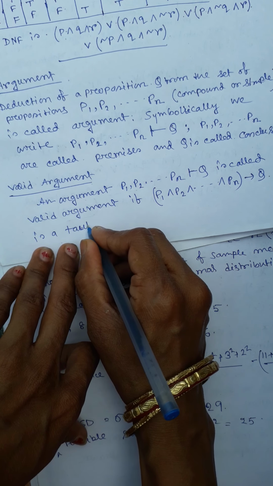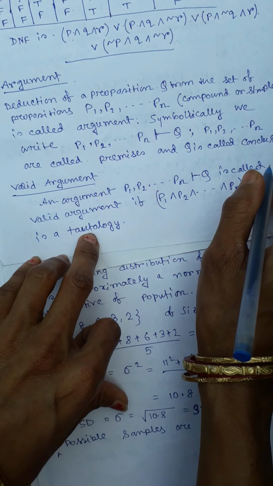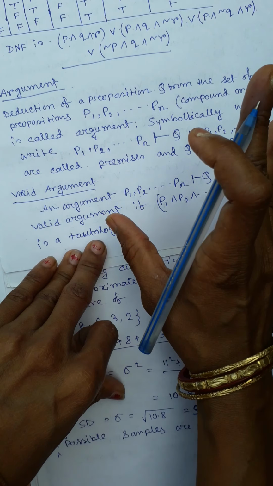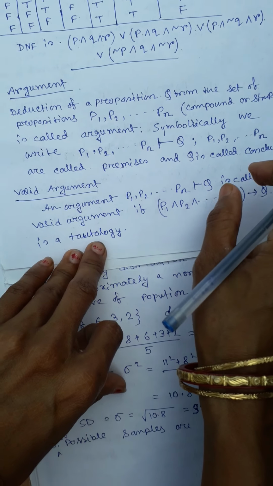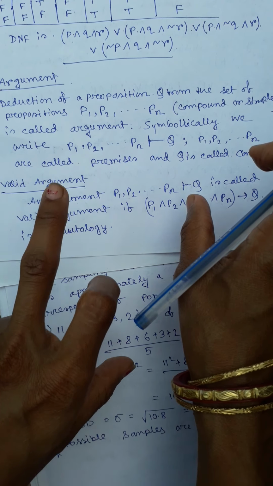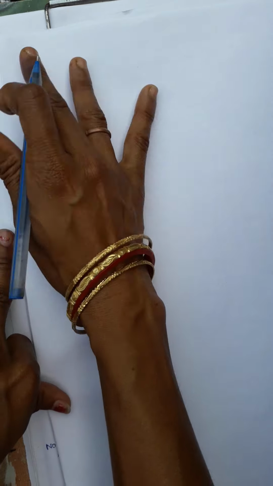What is a tautology? Tautology means whenever we find the truth table of this statement, all the entries in the last column are true. Okay, then if it is a tautology, then it is a valid argument, otherwise it is an invalid argument.